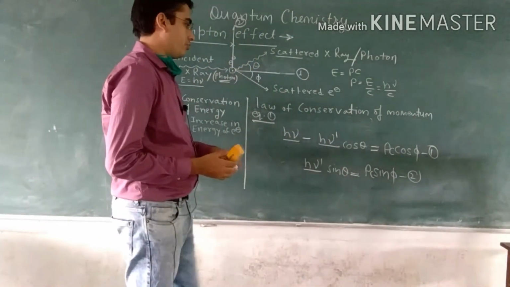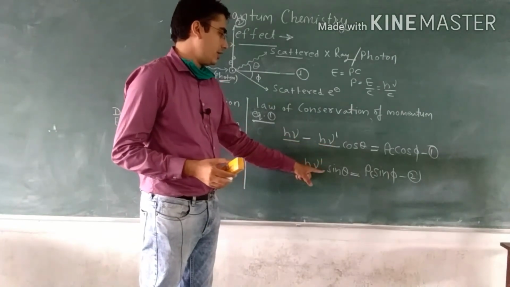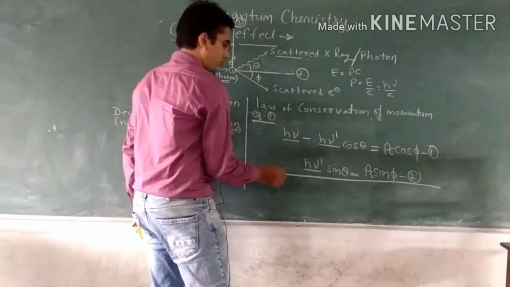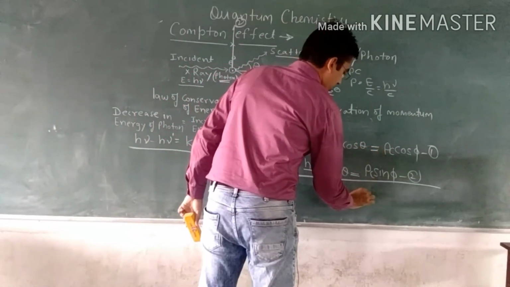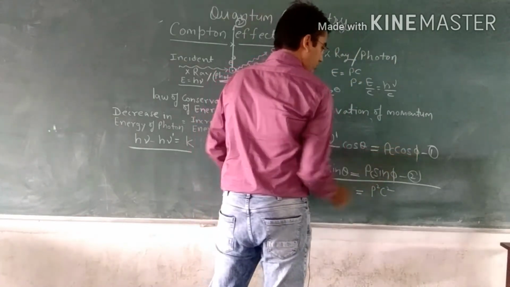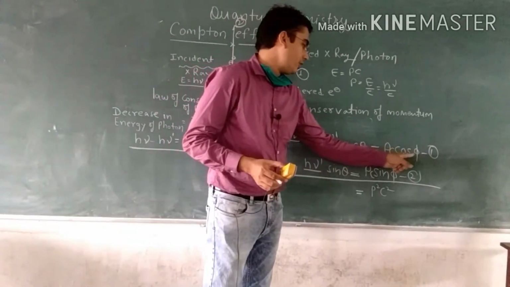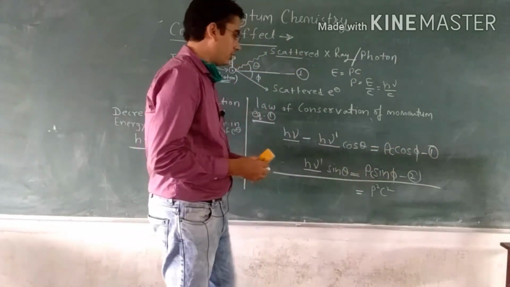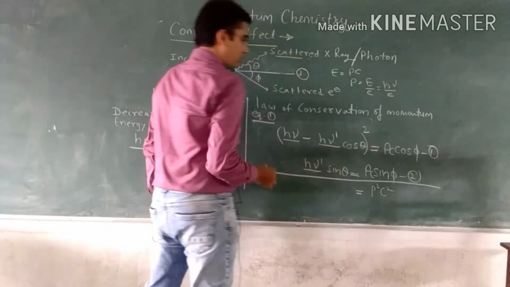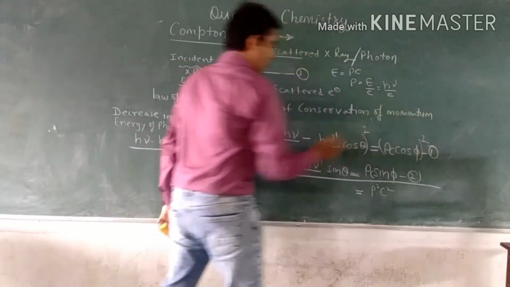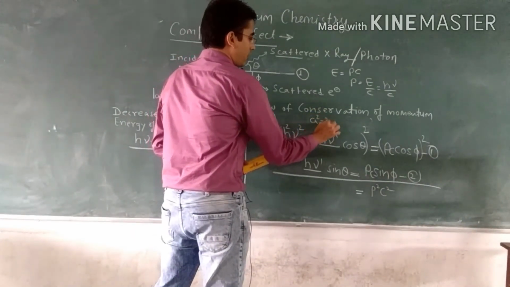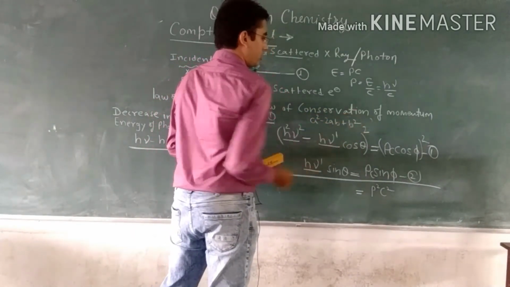Now we square equations first and second and add them, and the resultant equation will come. Here P square c square, and cos square phi plus sin square phi is equal to 1. Because we square here, we get h mu square, and the formula is a square minus 2ab plus b square.